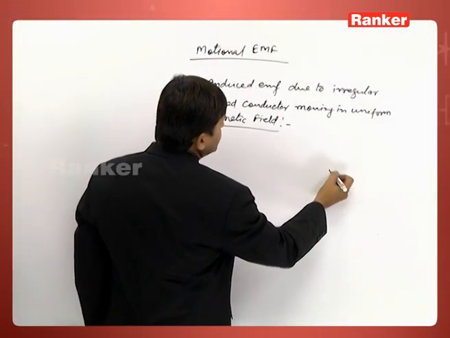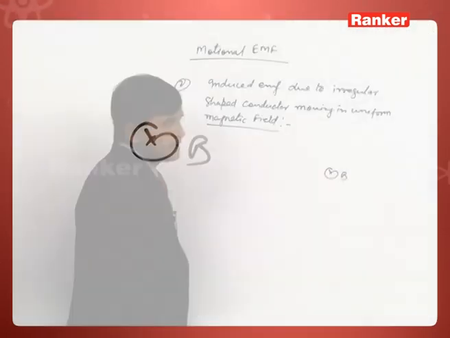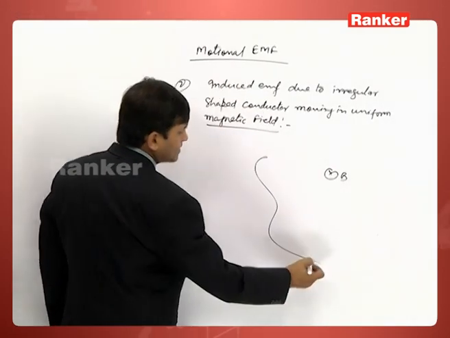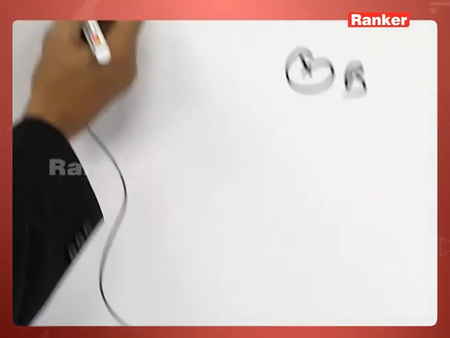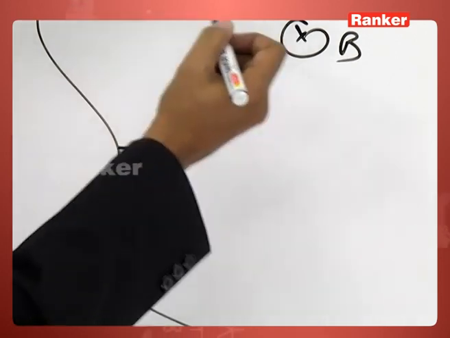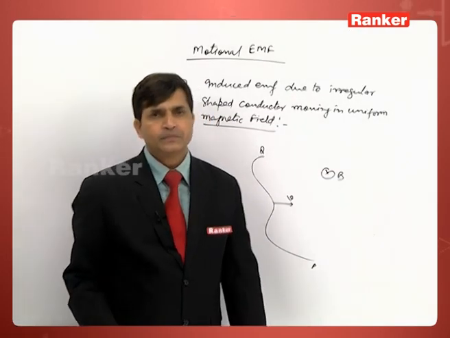It means let this be your uniform magnetic field, and an irregular shaped conductor like this is given. Let this be your PQ conductor, and it is moving with velocity v.